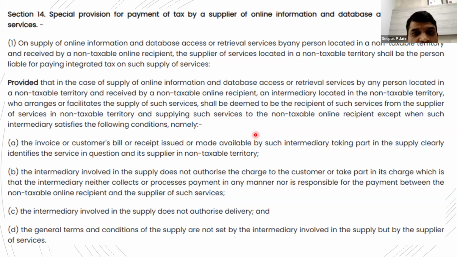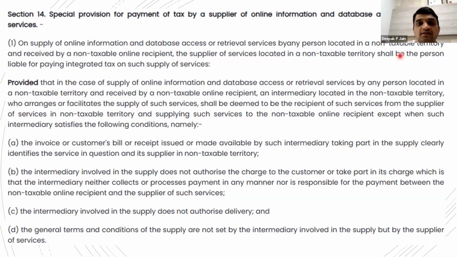So the issue is someone in India providing services to an Indian is a taxable service. Correct. But the provision says OIDAR located in a non-taxable territory.